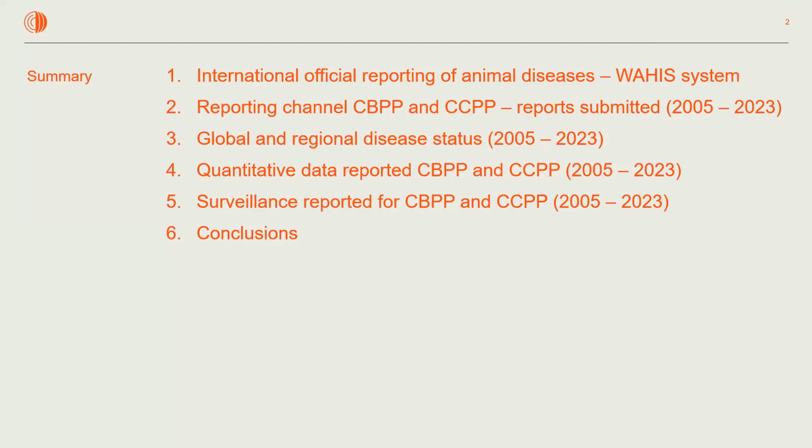And then I will briefly present also some quantitative data, which means the number of outbreaks, cases, etc., reported for the two diseases, some information we collected on surveillance implemented for the two diseases, and some conclusions.